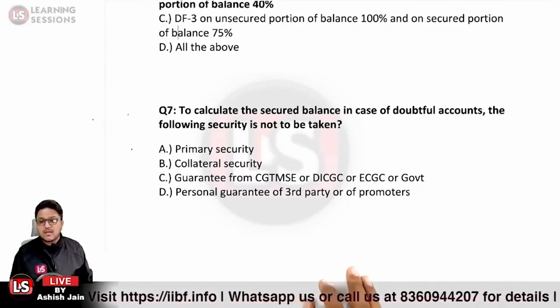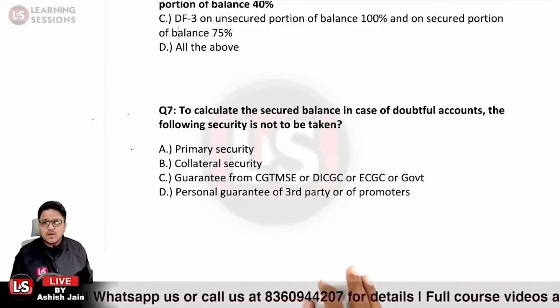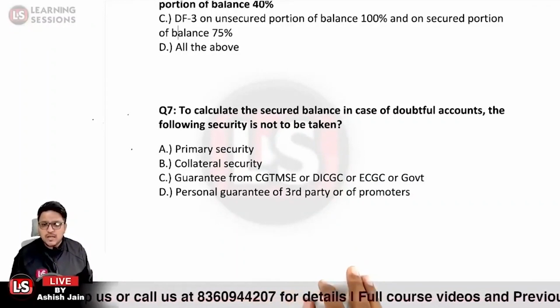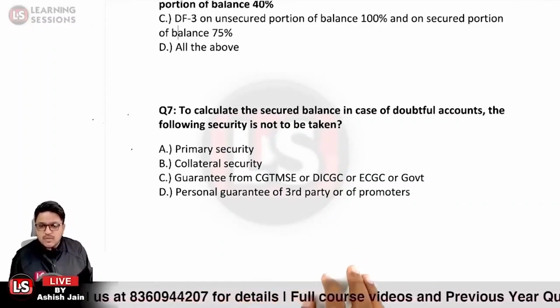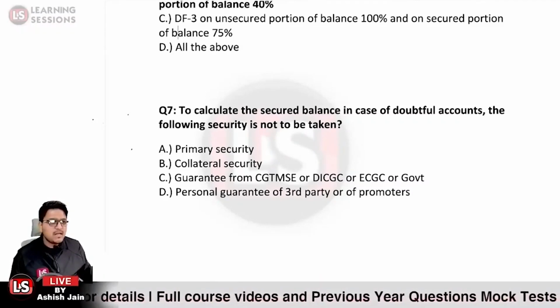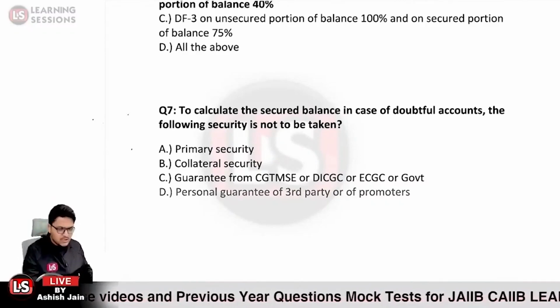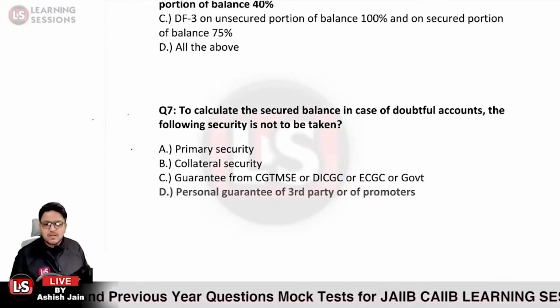If the personal guarantee is by a third party or by the promoters, it is not accountable. So option D is the right answer. Bharani Vasuki has given the right answer.